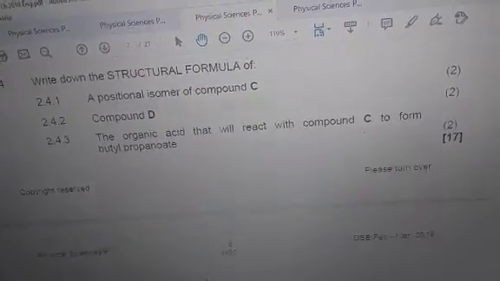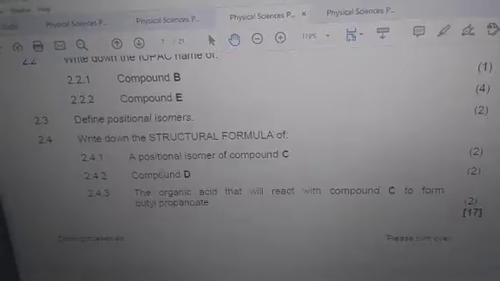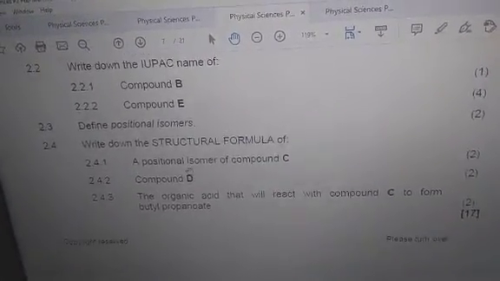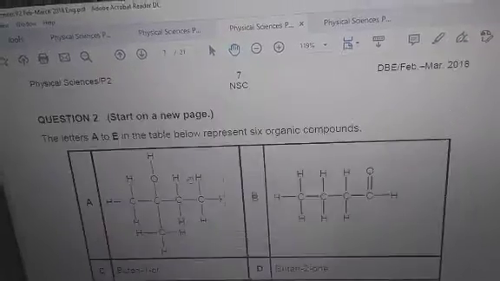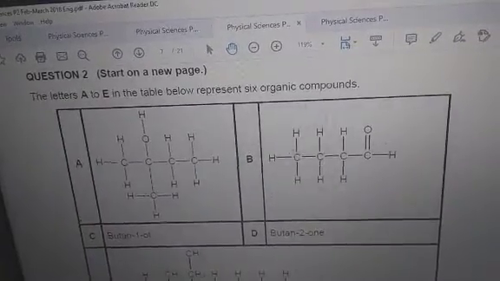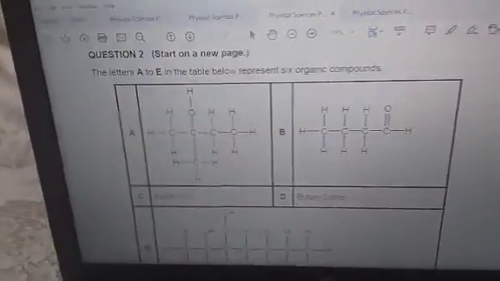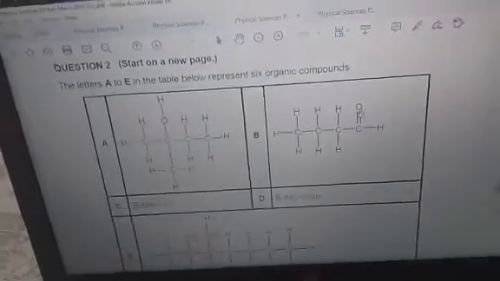I read the structural formula of this one. Okay, let's go and see. D is easy to write a structural formula because it's simply this thing. You simply draw the structure of this thing. You simply change this position.